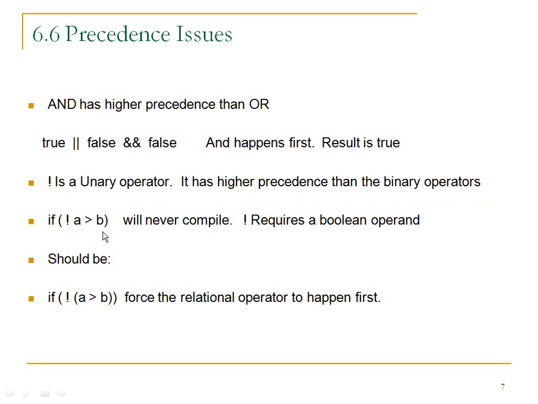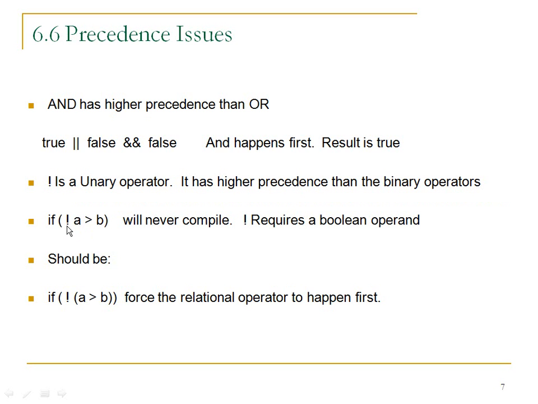And this will not compile. It would try to do not A first. But A is not a Boolean, and not will only work on a Boolean. So the error message here would be, I can't evaluate not A. It's not exactly what the error message will be.